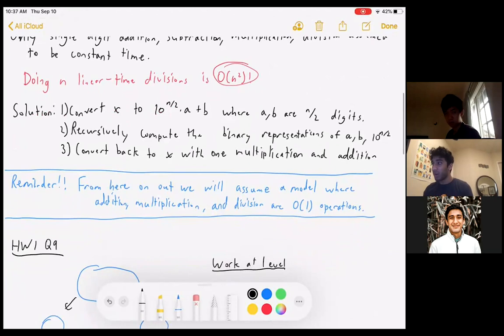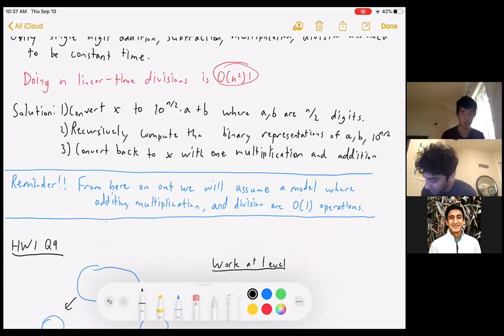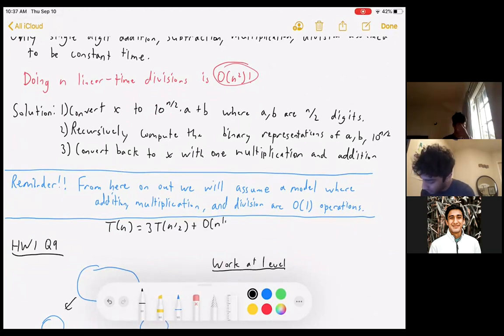So our runtime ends up being a master theorem runtime, which is T(n) = 3T(n/2) + O(n^(log base 2 of 3)). The solutions go into a bit more detail. We have 3 subproblems, so our branching factor is 3. We're converting it into halves, and those are n over 2 digits.